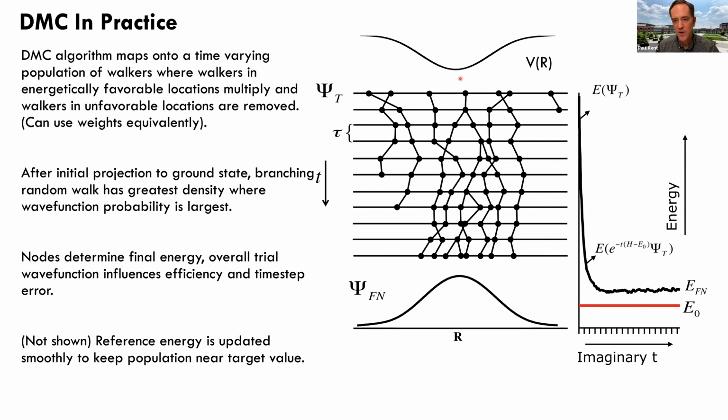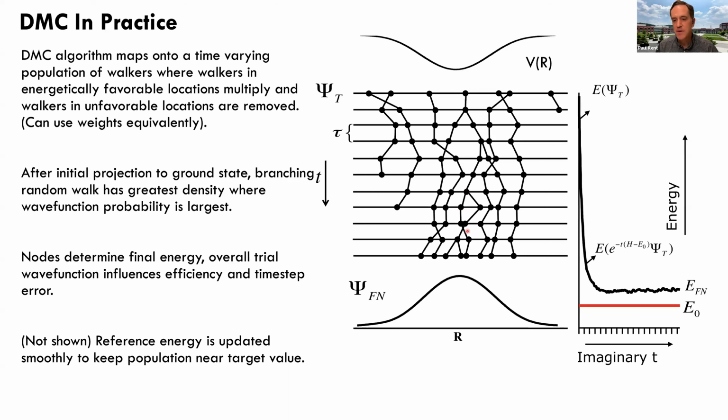So in this example, we have some simple potential. So lower is better here. We have some initial positions of walkers. These are these dots. And they're going to evolve in time or steps, and they're going to move around. And then we see walkers that are in the high potential position might get killed, whereas those that are in more favorable positions might multiply.